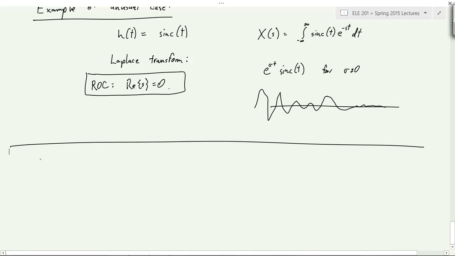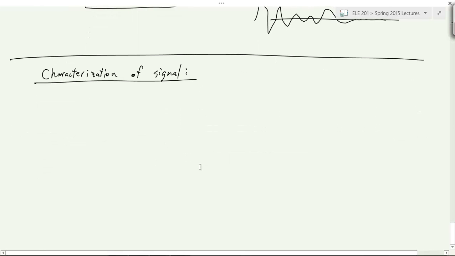Okay, so often we characterize signals into these categories. Very simple to understand. We say that a signal, and really these signals will actually be the impulse response of a system, and we'll care whether it's one of these things. So let's say right-sided. A right-sided signal is just what you imagine.